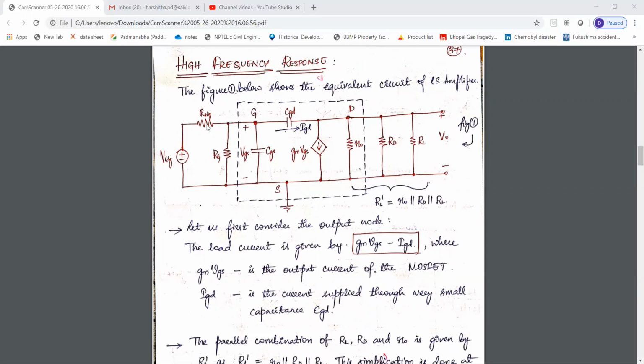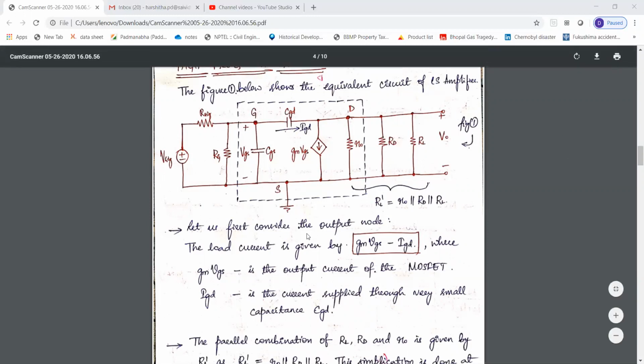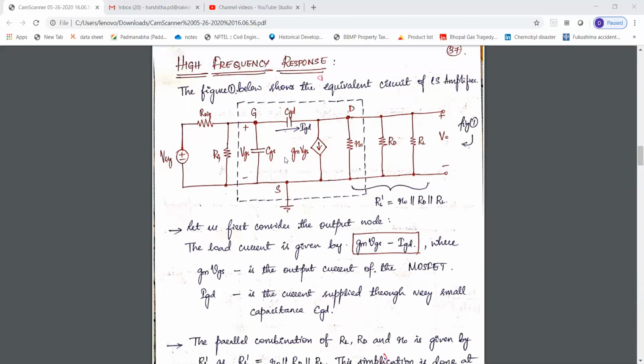Now I hope you are clear about this part and this part, along with the source being grounded. Next, this is the circuit diagram which is present internal to the MOSFET. If you go back to my previous videos, we had studied MOSFET internal capacitors, isn't it?